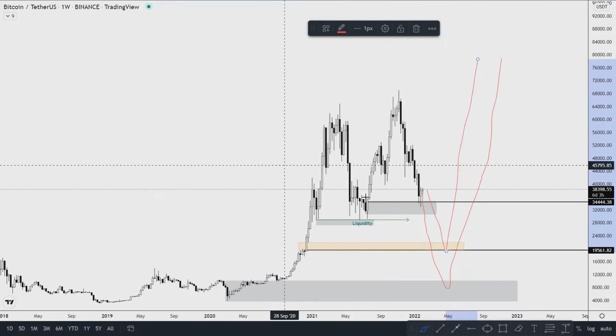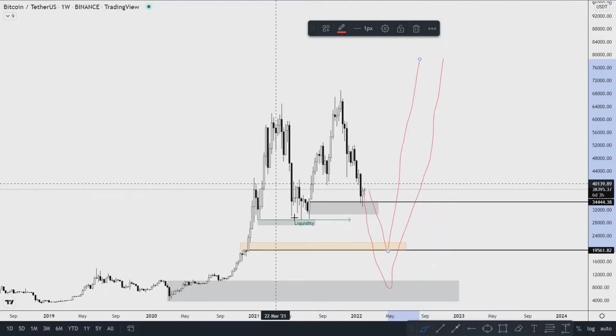Second scenario. So third scenario would be, let me go on the monthly now.